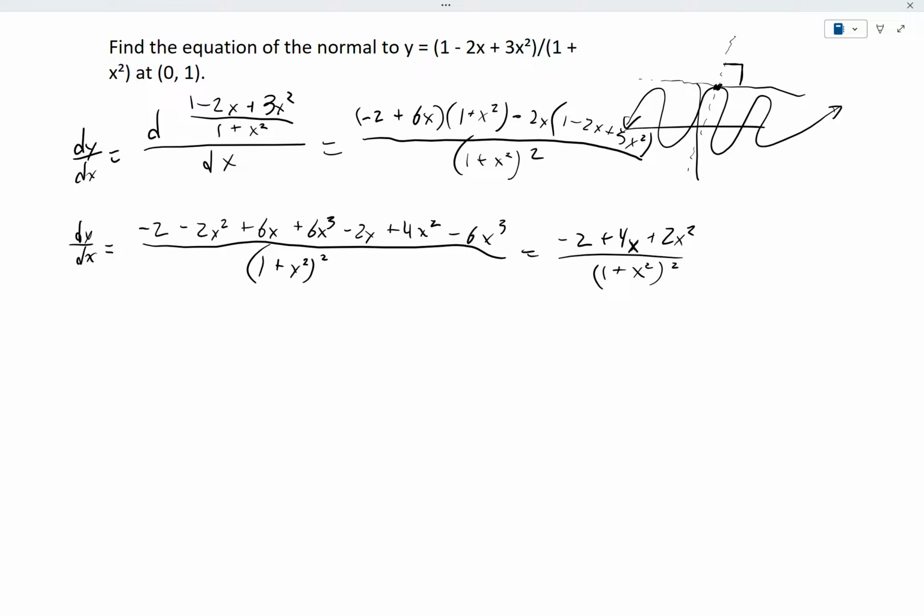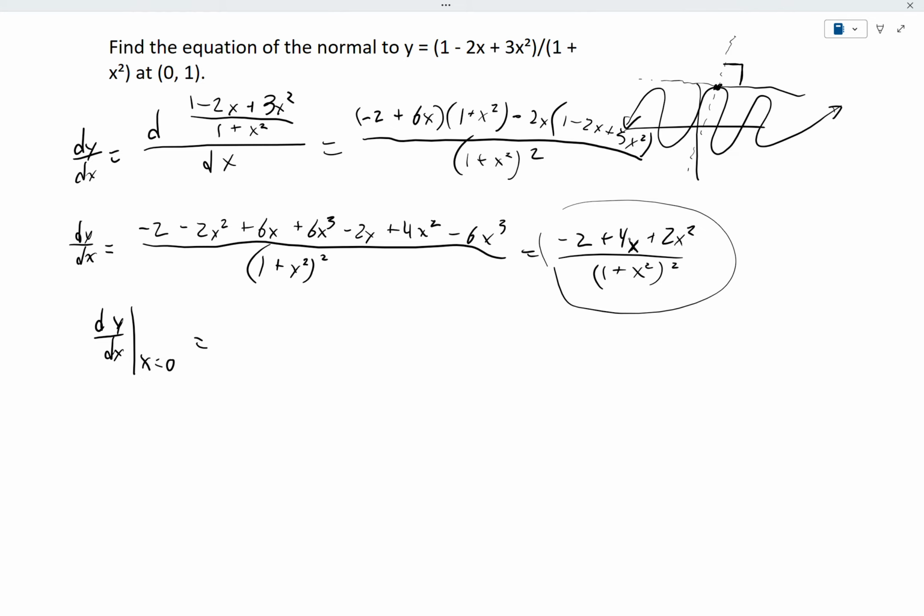You just plug in your x value. But that doesn't give us the rate of change at the specific x value. So I'm just going to plug in our x value, which is, we're given 0 right here. We're looking at the point (0, 1). So dy/dx, evaluated at x equals 0, is going to just be this derivative equation right here, but I'm plugging in 0 for every x.